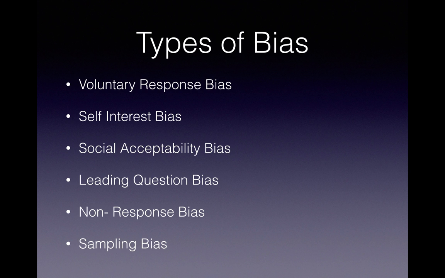And then the last type of bias that we'll deal with is just our sampling bias. So did I create that simple random sample, or did I conduct a sampling that was very biased toward a particular group of people? Was a certain part of my population more likely to be included in the sample than others?